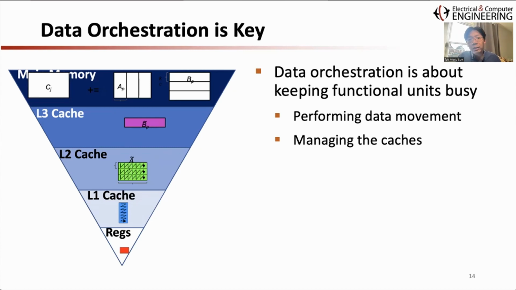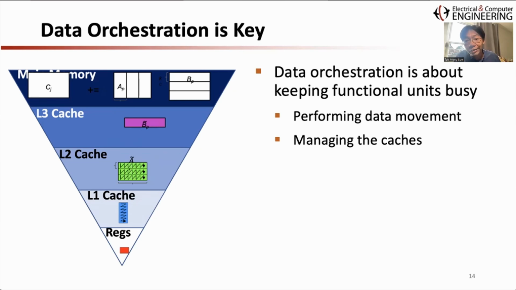Because to us, data orchestration is a more generic term, a larger term than just data movement. And while the key idea is to keep the functional units busy, remember the functional units are the things that are actually doing the computation that we are interested in.